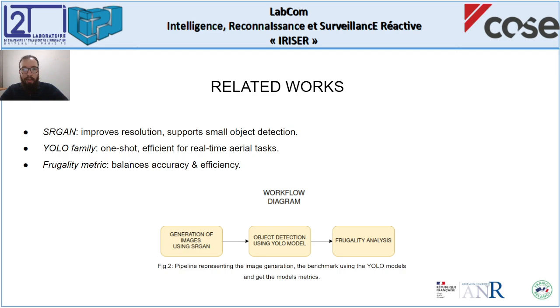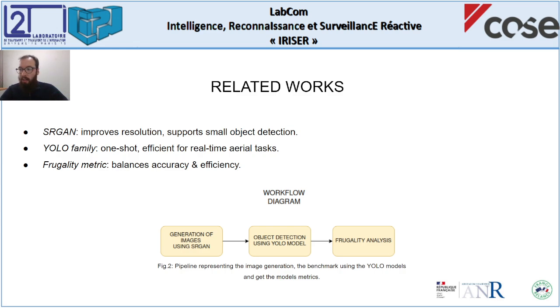In relation to our related works, as I said before, we used SRGAN, a super resolution method to generate new images with a higher quality, especially to try to improve small object detection when training our models.